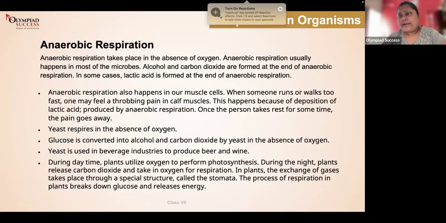You have heard of a bacteria known as sulfur bacteria? Can you just Google the picture of a sulfur bacteria? Can you see?